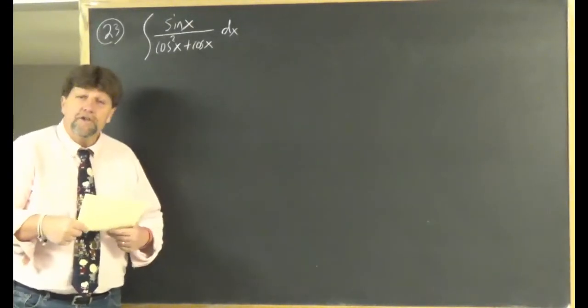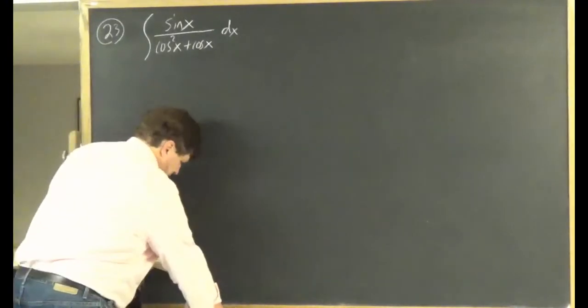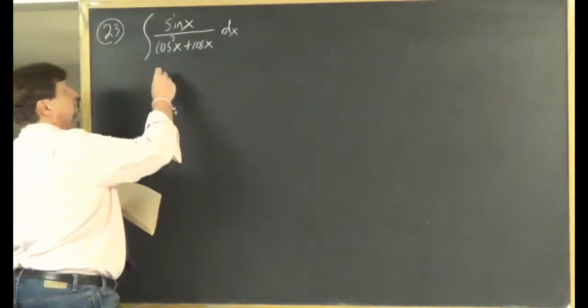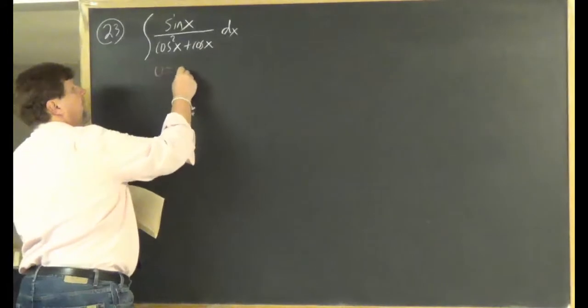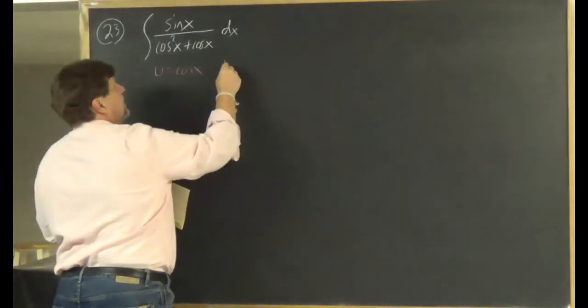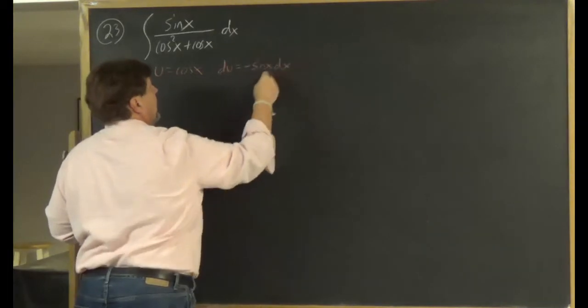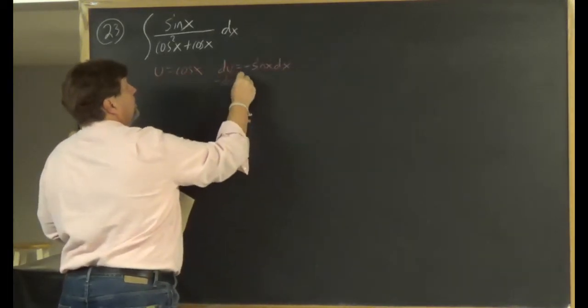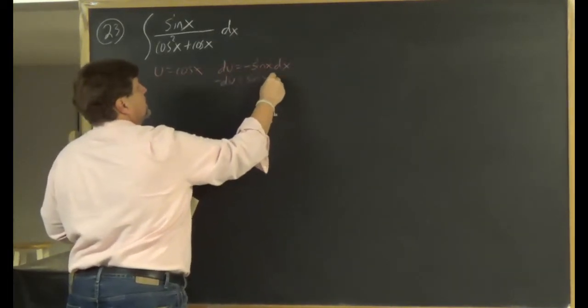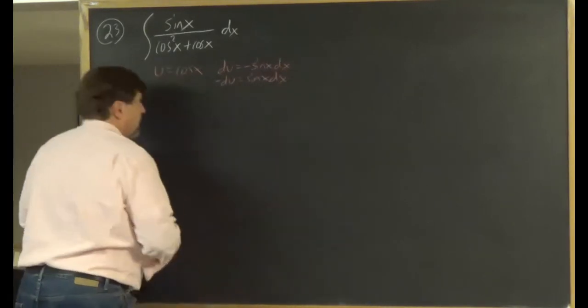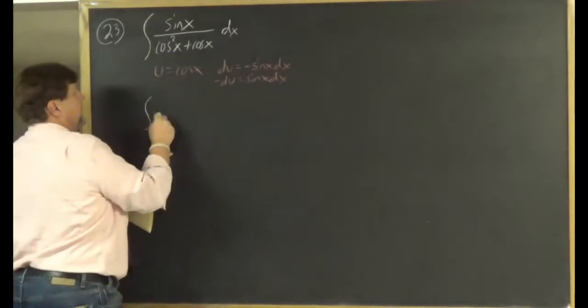The first thing I would think of doing here is a u sub. Let u equal cosine x. Then du is negative sine x dx, or negative du is sine x dx. I'd substitute in.